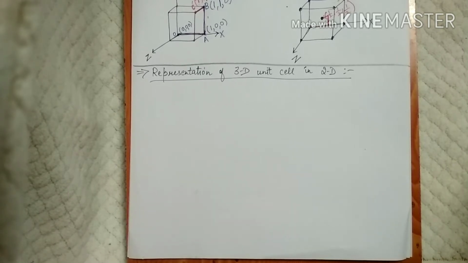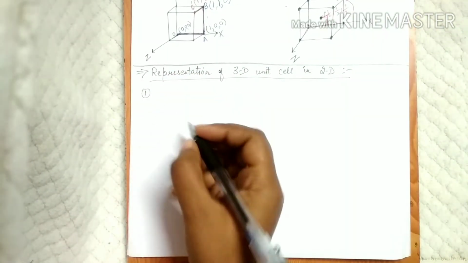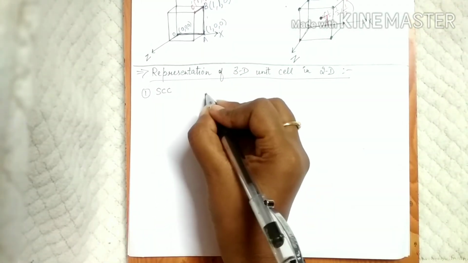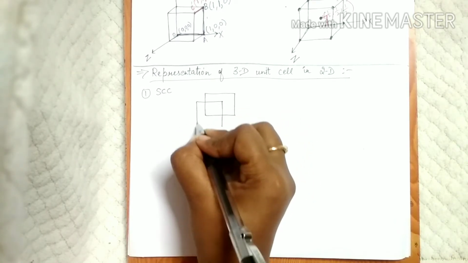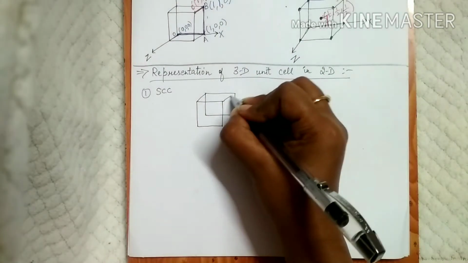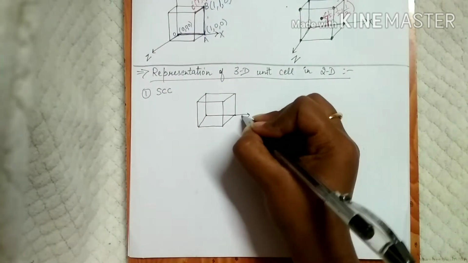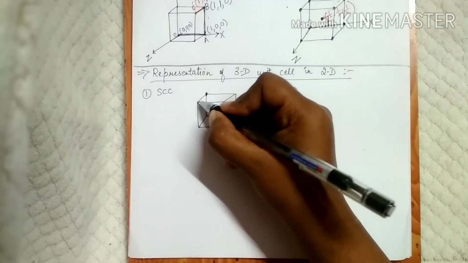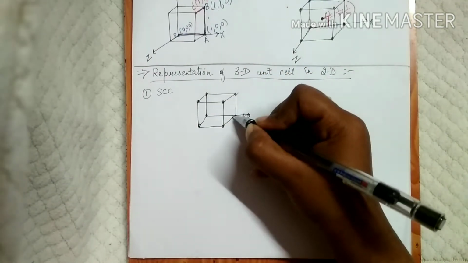Next topic is representation of a 3D unit cell into 2D. Suppose we are given a 3D unit cell, for example a simple cubic unit cell. This is your simple cubic unit cell in which atoms have occupied all the corners.